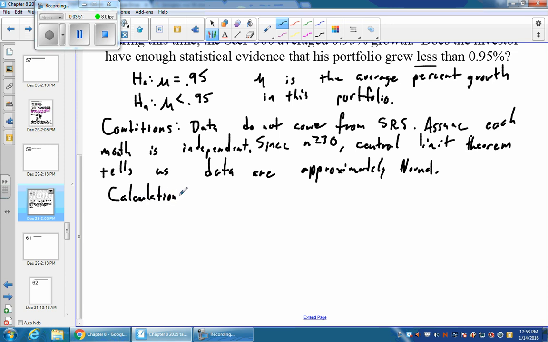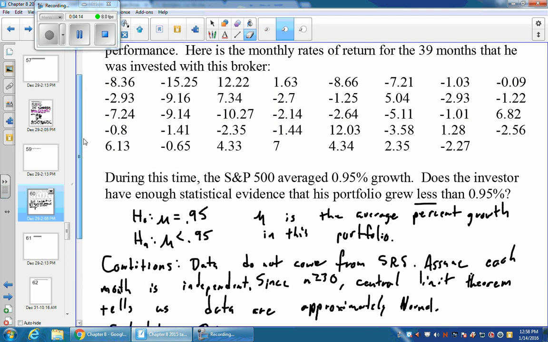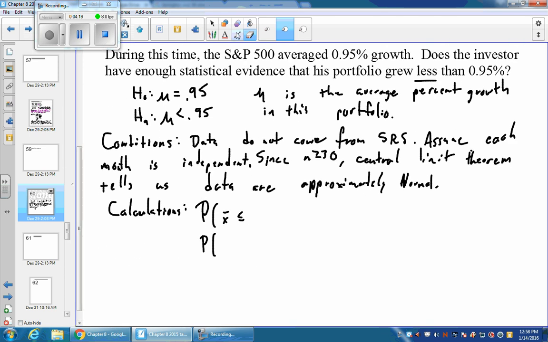So in our calculations, we're finding the probability that we got a sample that is less than 0.95. Actually, that's not the case. We have to find our sample mean here, not 0.95, because that's the null mean. So we plug all these in, and the value I got was negative 1.0997, so about negative 1.1.